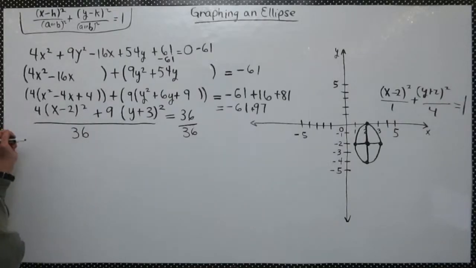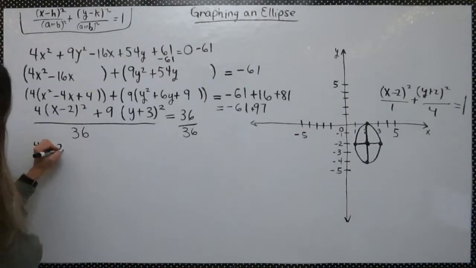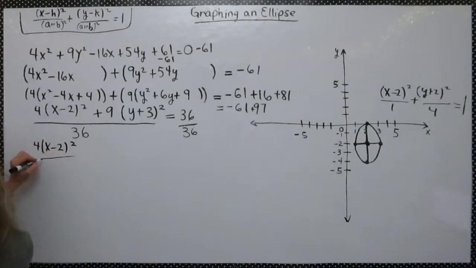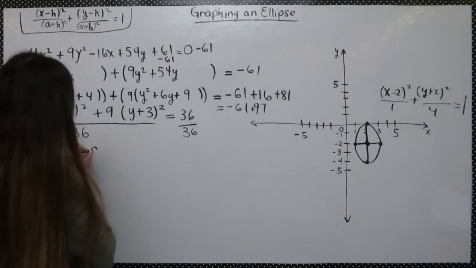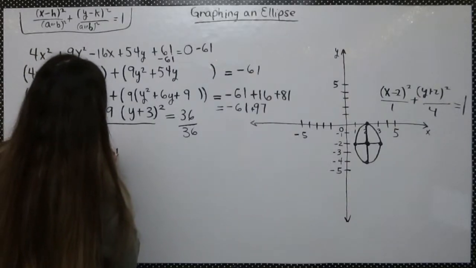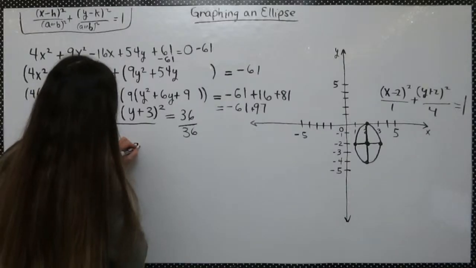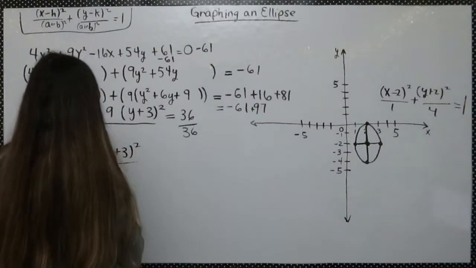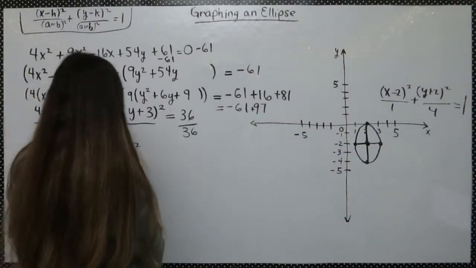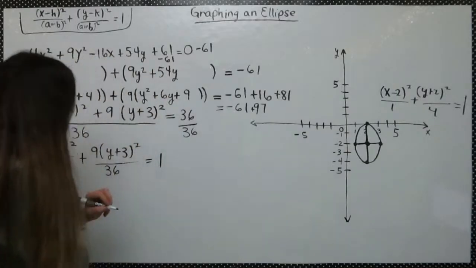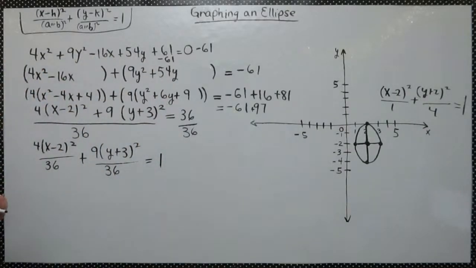So we've got 4 times x minus 2 quantity squared over 36 plus 9 times y plus 3 quantity squared over 36, and that is going to equal 1. And then one more step is just putting things in simplest form and reducing down.